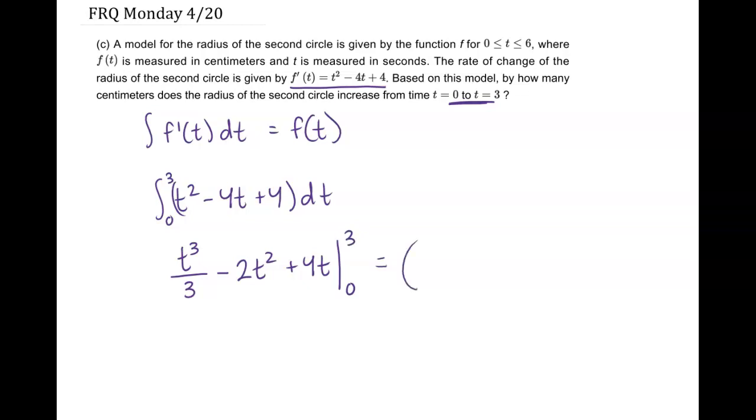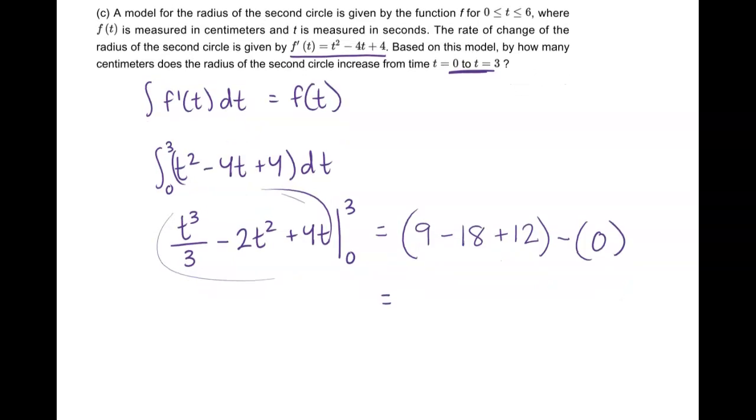This is equal to, well, 3 cubed is 27 over 3 is 9, minus 2 times 3 squared, or 2 times 9, which is 18, plus 4 times 3, which is 12, minus, well, you put 0 in any of these, you get nothing. So that's just 0. So we end up with 9 minus 18, which is negative 9, plus 12 is 3. So we end up with 3 centimeters of increase from t equals 0 to t equals 3.